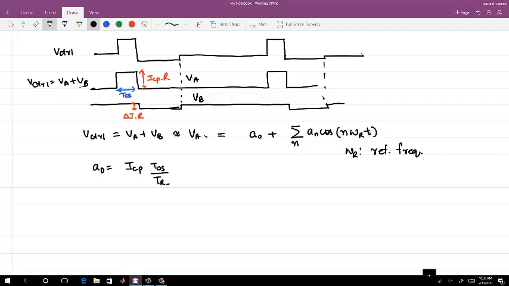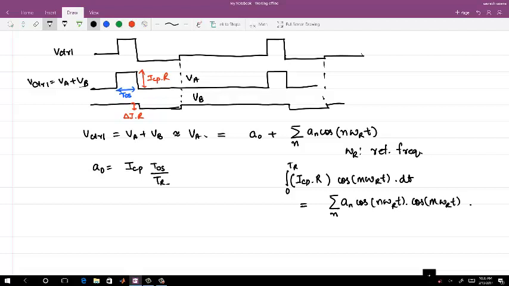For AN, I will do the Fourier series calculation, which is the integral from 0 to TR, where this magnitude is 1, of ICP times R into cosine of m omega r times t dt, finding the an cos n omega r t and cosine of m omega r t dt integral.